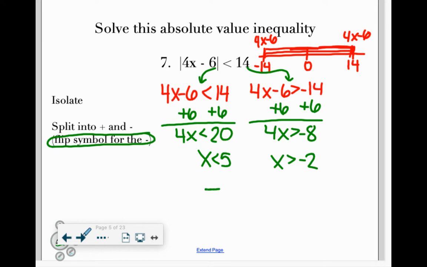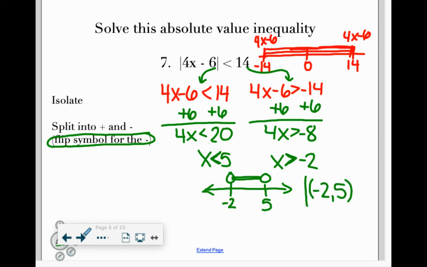What that means is that it is less than 5 because it's pointing to the left, and greater than negative 2 because it's pointing to the right. So that's the middle right there. Write your final answer in interval notation. Notice that I'm using parentheses because these were open circles. If they were closed, I would be using brackets.